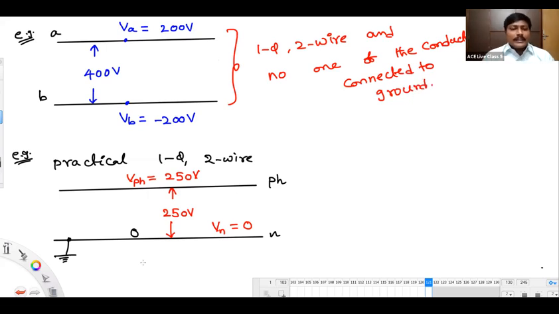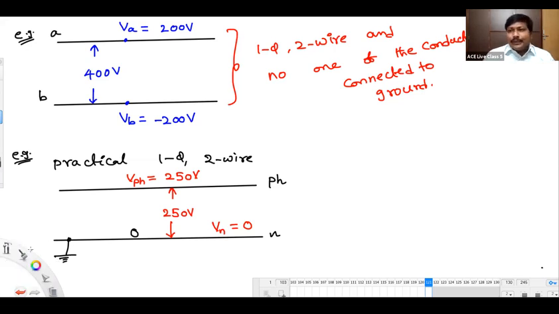Just to say that difference only I am discussing, nothing more than that. From this point onwards, I am going to extend with the single phase two-wire system, with none of the conductors connected to ground. This system only I am going to extend further and further, not the second one.